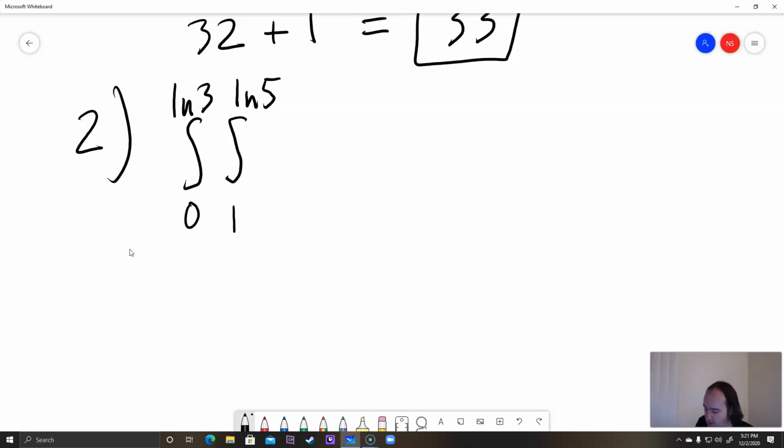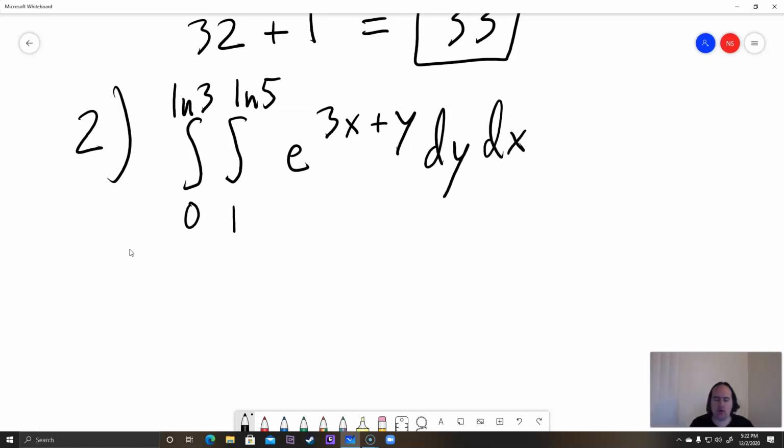And our multivariable function here is e to the 3x plus y. And we're integrating this dy dx. So once again here, our inner integral is dy because the dy appears first. And then our outer integral is dx.